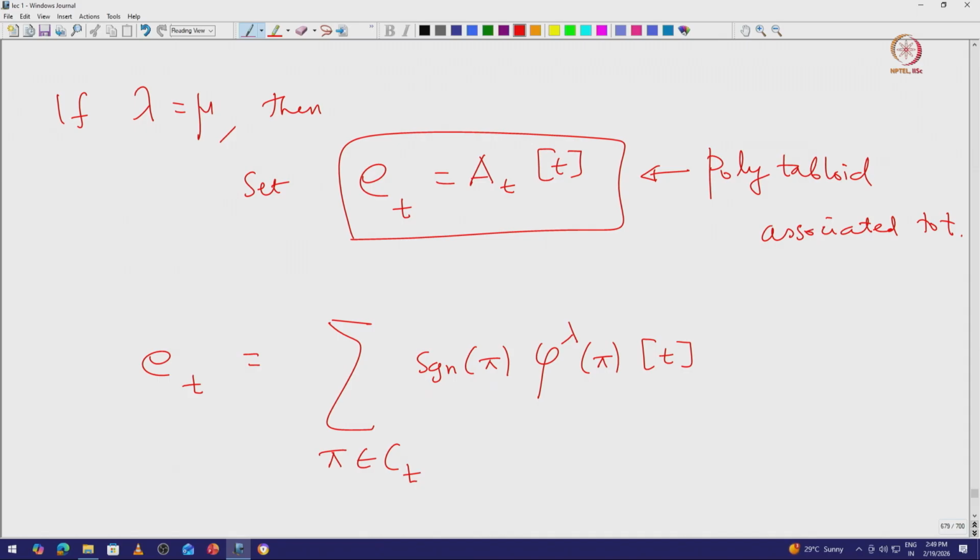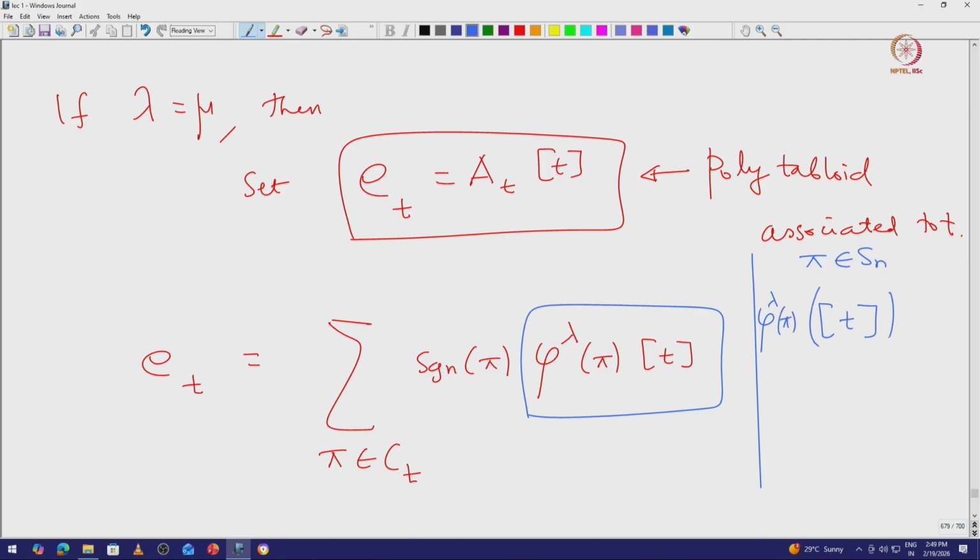Now let us rewrite this. φ^λ of π on T, where T is the tabloid: when we take π in S_n, the action of φ^λ of π on this is defined to be just π applied on this tabloid T, which is exactly πT.